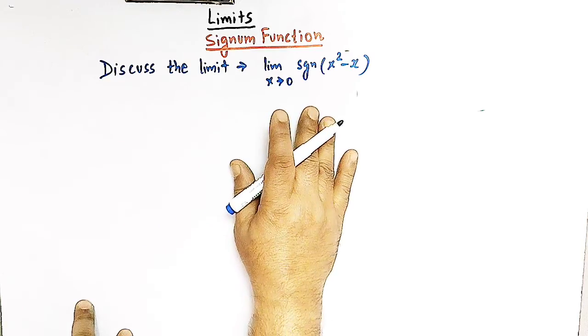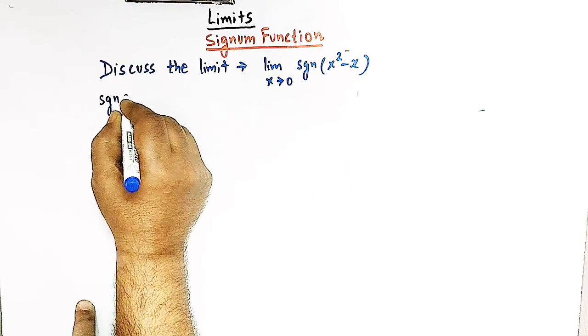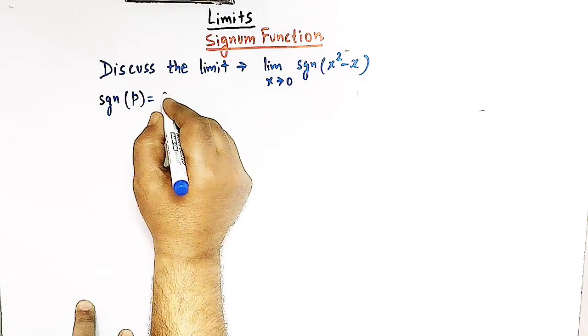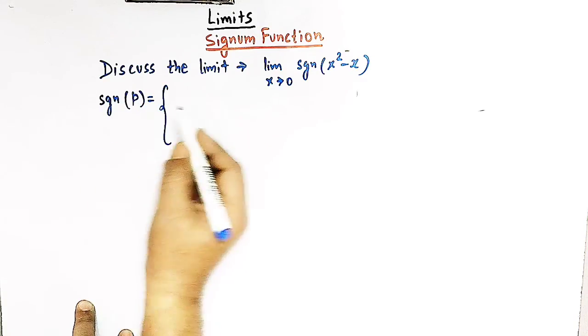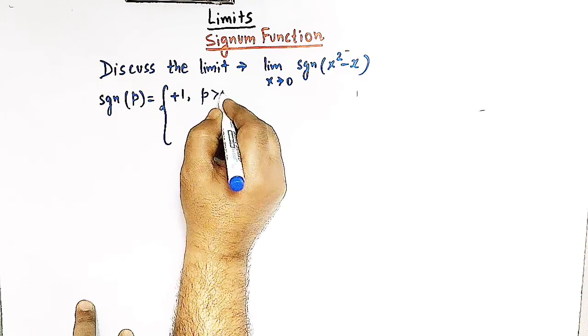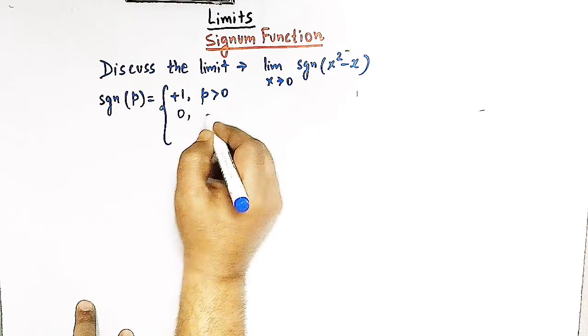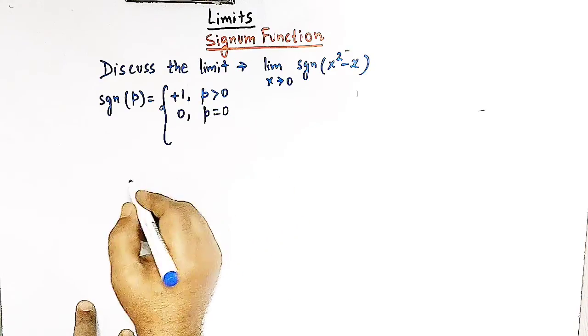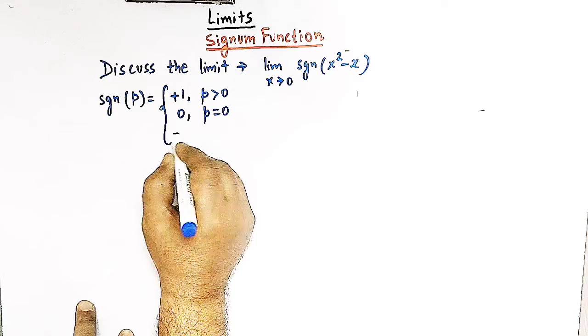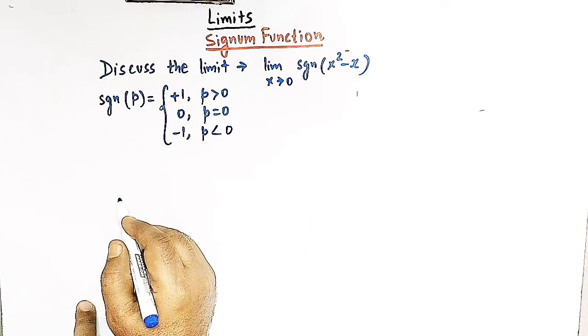So let us first define the signum function. Now we know that signum of p is defined like this. That is, signum of p takes the value plus 1 when p is greater than 0, and signum of p is 0 when p is equal to 0, and signum of p is minus 1 when p is less than 0.